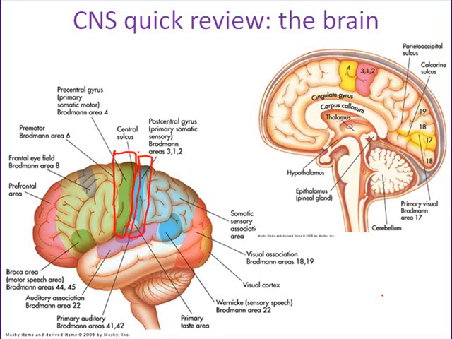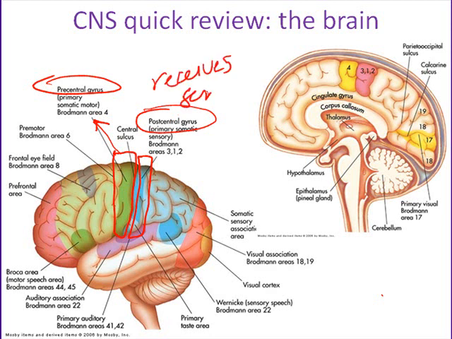The postcentral gyrus receives sensory information from the body, processes it, and this is part of the parietal lobe, so that should make sense. And then it sends that information forward to the precentral gyrus, which is in the frontal lobe, and the precentral gyrus determines what sort of motor output signal should be sent to which parts of the body to respond to that sensory information.